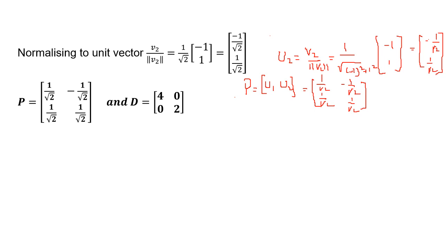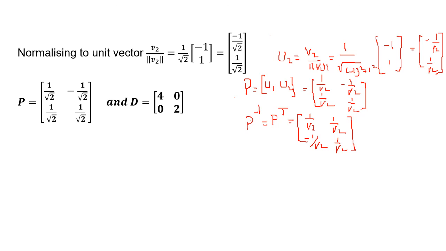Knowing the matrix P, we can easily find P inverse. In this case, for a symmetric matrix, it is P transpose, equal to [1 by root 2, 1 by root 2; minus 1 by root 2, 1 by root 2].